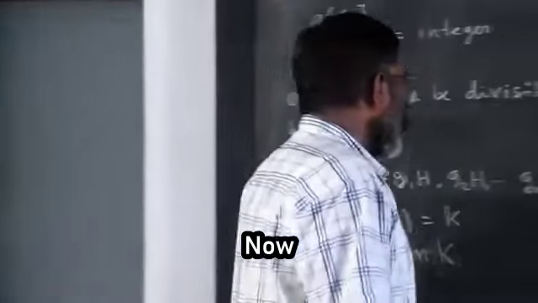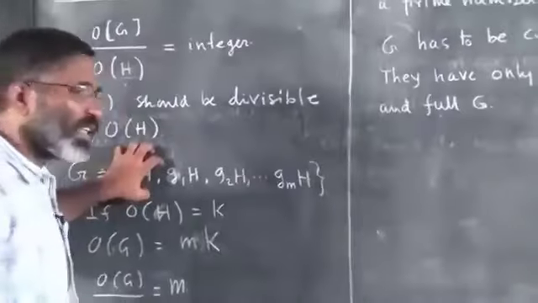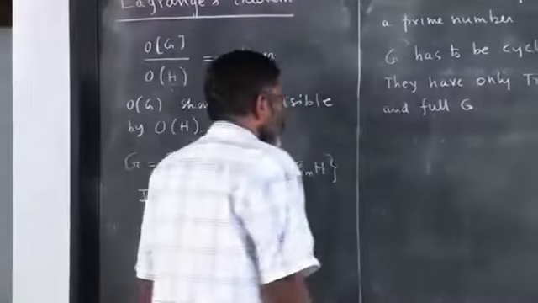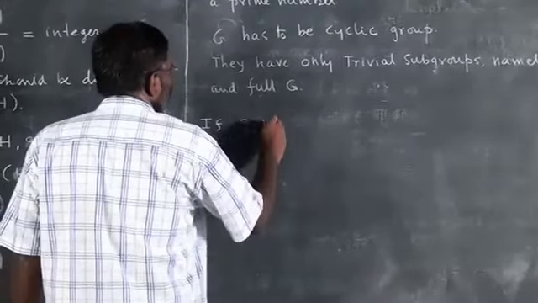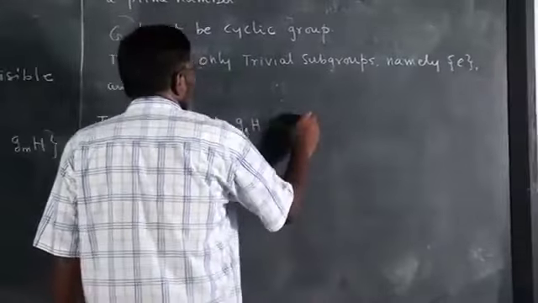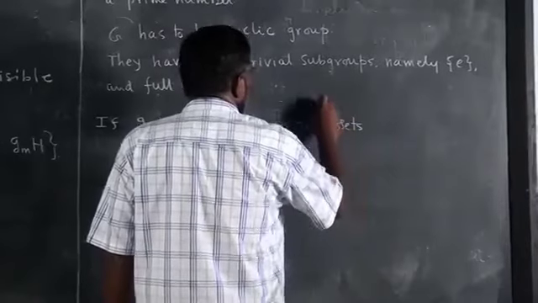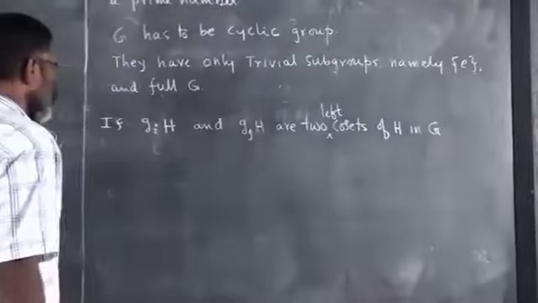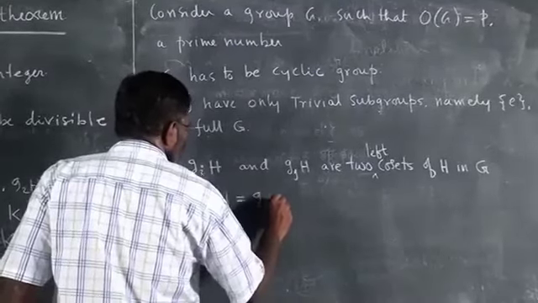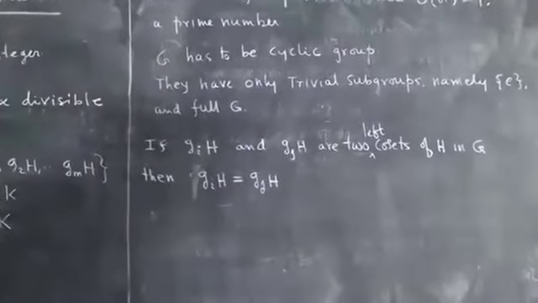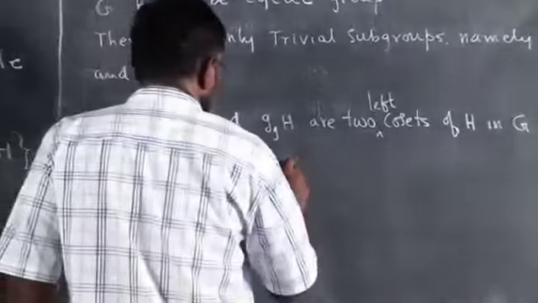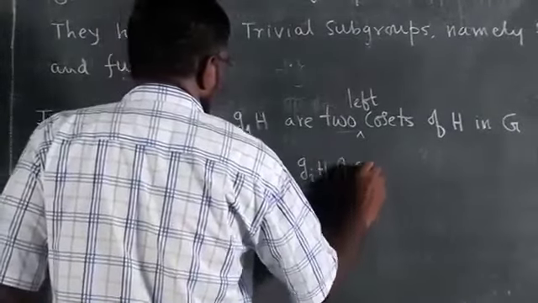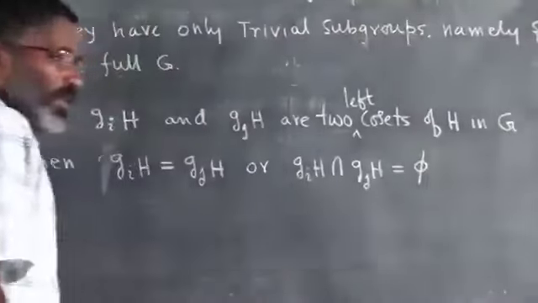Okay. Now, for understanding the full implication of this, we have to understand the following thing. If giH and gjH are two left cosets of H in G, then giH is equal to gjH, or giH intersection gjH is an empty set.